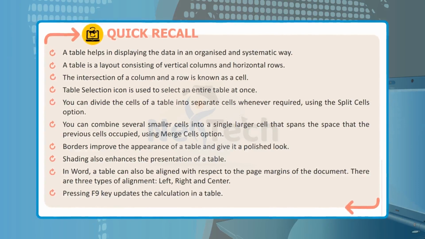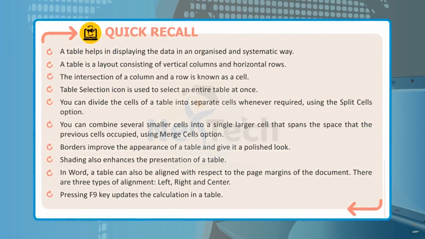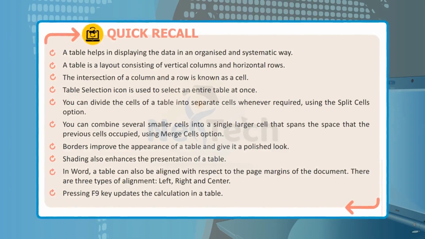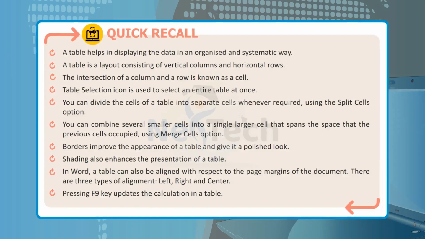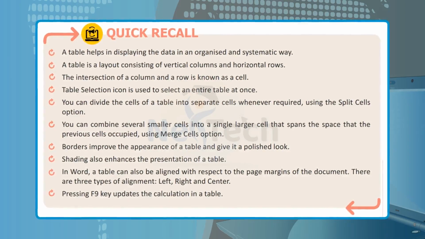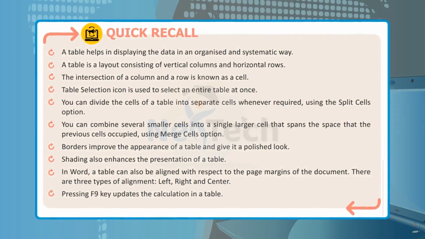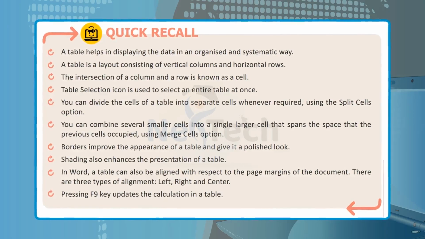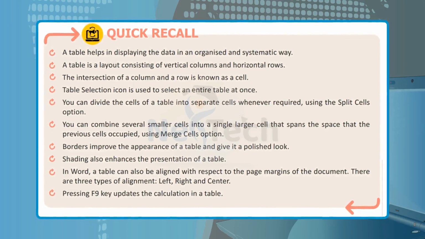You can combine several smaller cells into a single larger cell that spans the space that the previous cells occupied using Merge Cells option. Borders improve the appearance of a table and give it a polished look. Shading also enhances the presentation of a table. In Word, a table can also be aligned with respect to the page margins of the document. There are three types of alignment: left, right, and center. Pressing F9 key updates the calculation in a table.